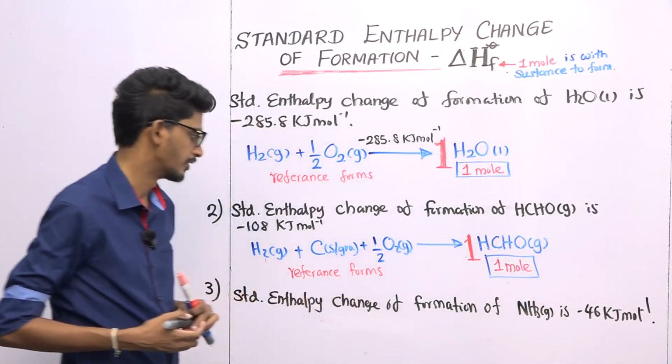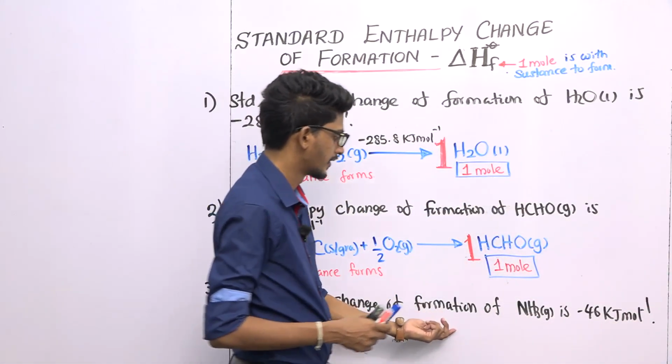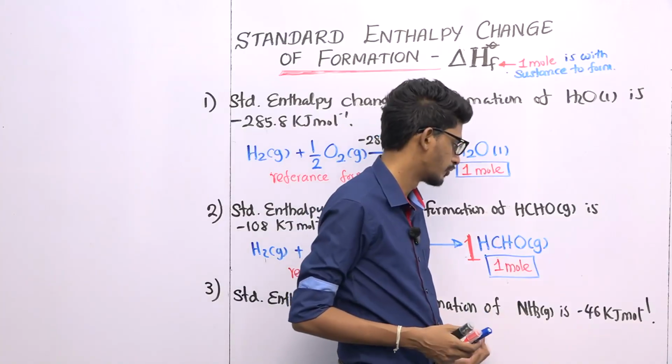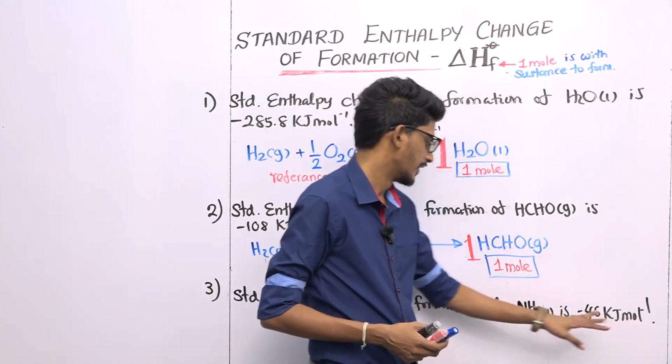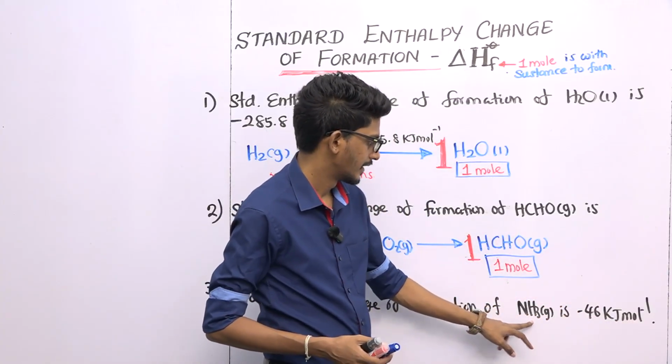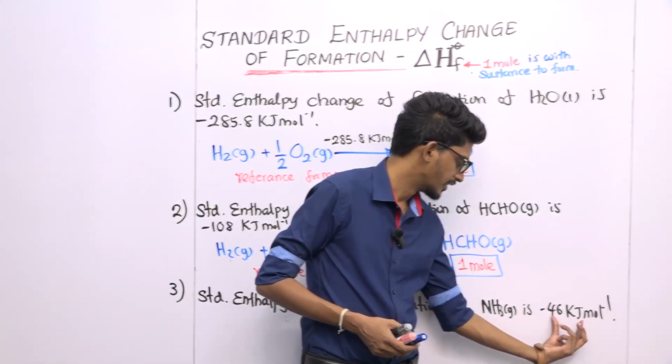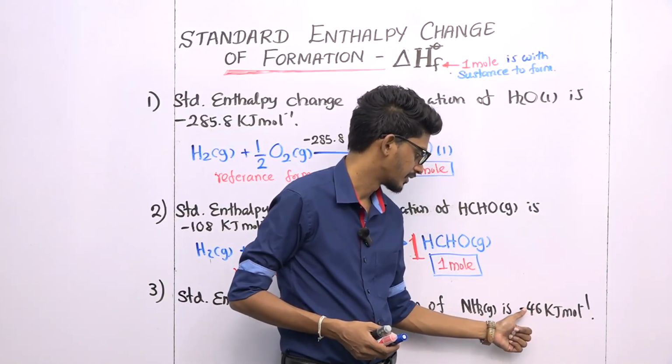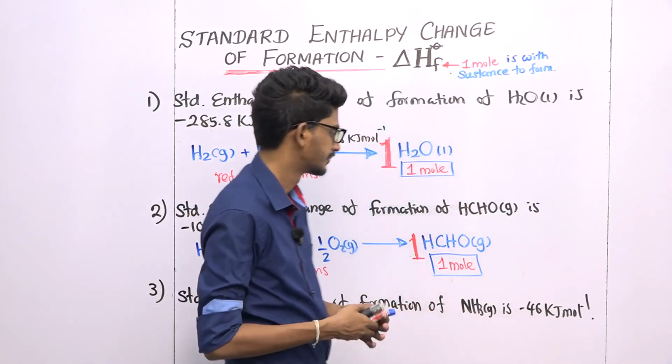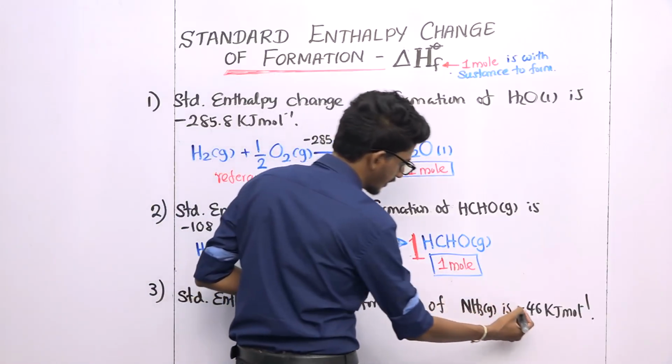That means when forming 1 mole of NH3 gas, 46 kilojoules of heat is released, which is exothermic, right? 46 kilojoules of heat is released.